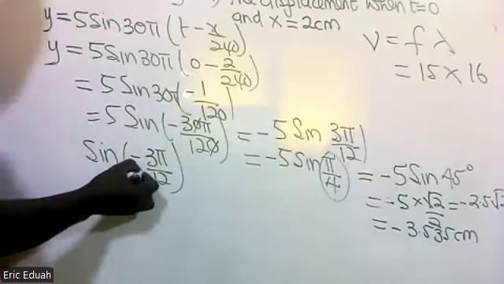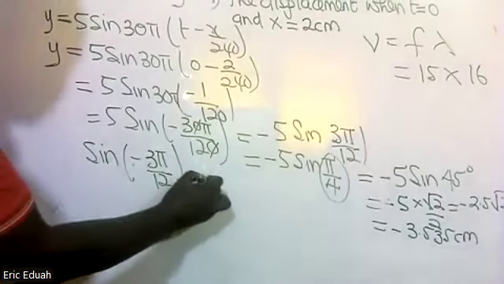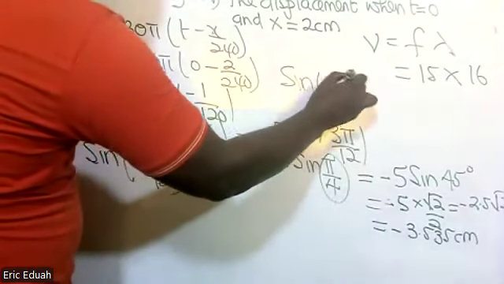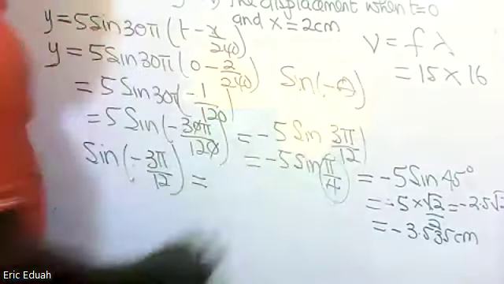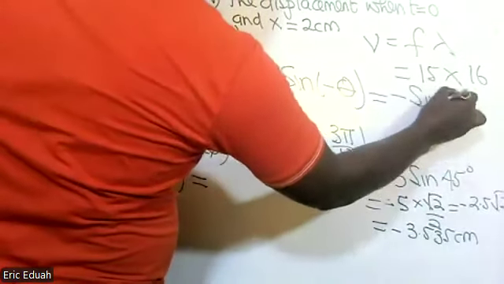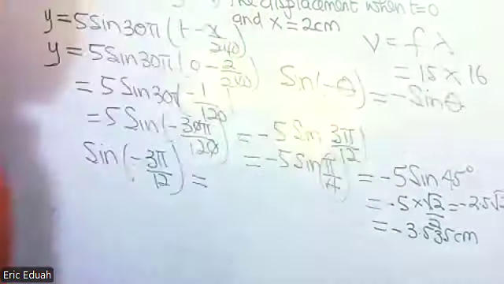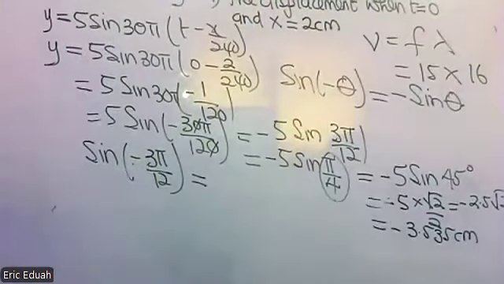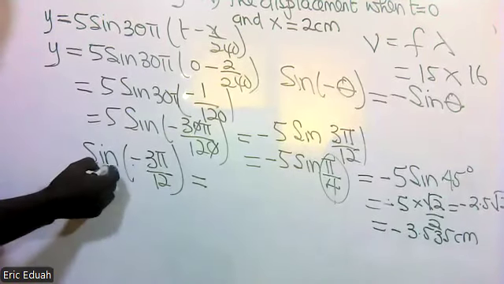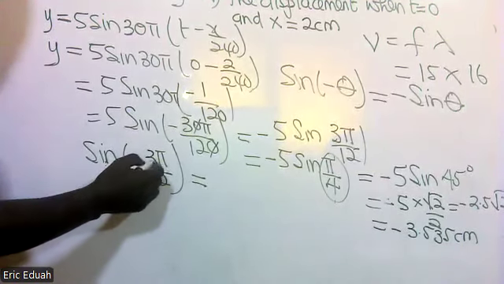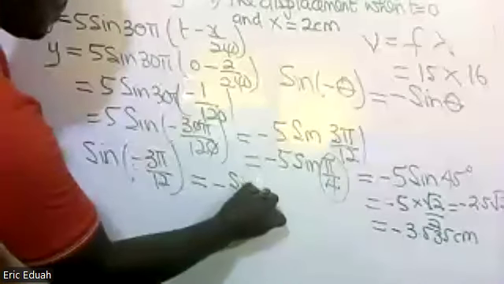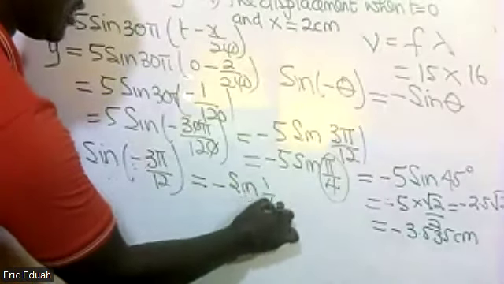Now, if you have minus of an angle, so if I have sine of negative theta, it is equal to negative sine theta in your trigonometry. So I'm using that principle to change sine of minus pi on 4 to minus sine of pi on 4.